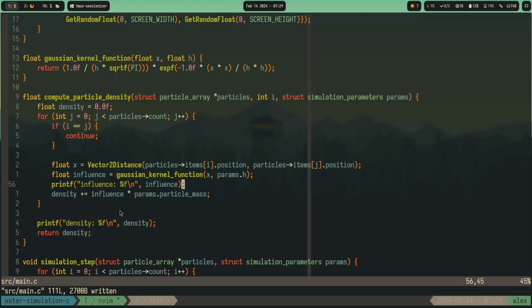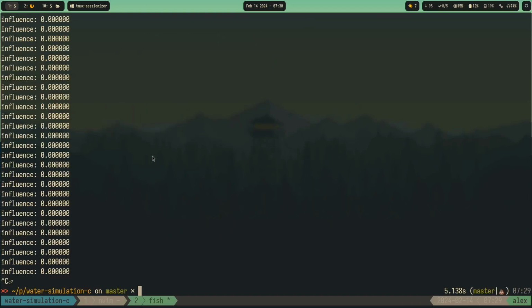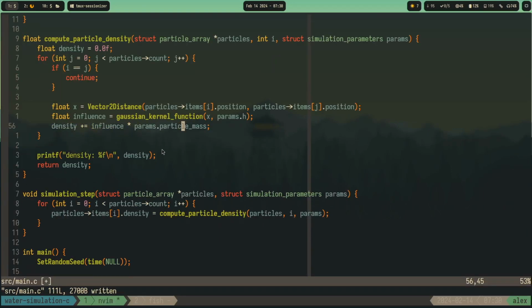Maybe this thing is really small. Not enough particles. Yeah.